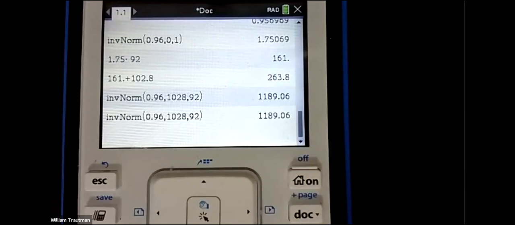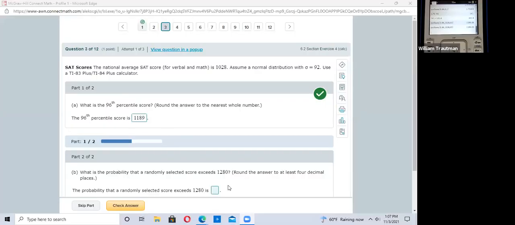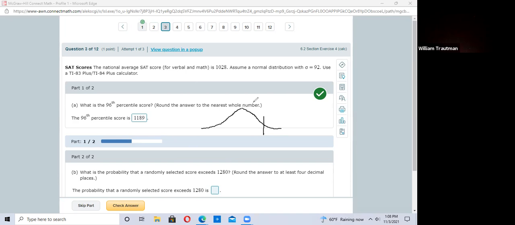Now let's figure out why I didn't get 1189 when I did it the other way. We already said 96%, and we got a z-score of 1.75. We want to find the x value.